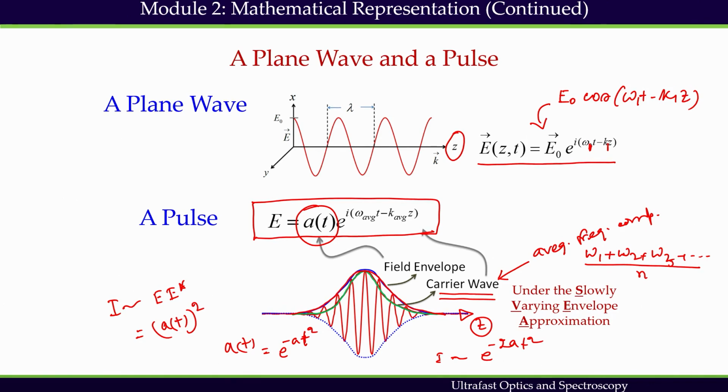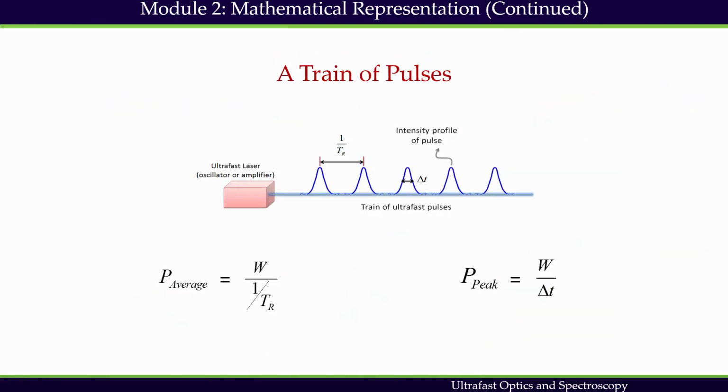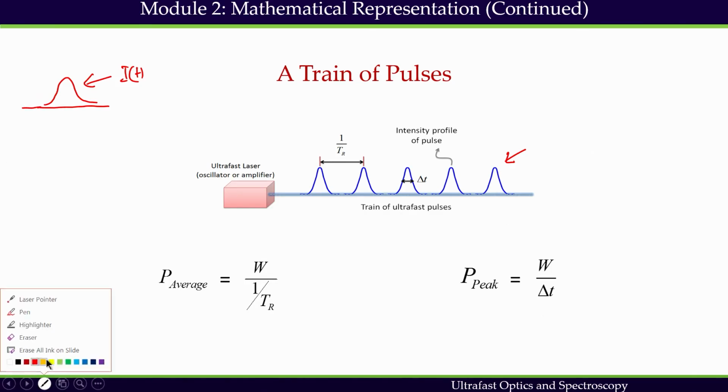Now this pulse is an isolated propagating pulse. In general, however, an ultrafast laser source generates a train of pulses. Here we are showing the intensity profile. Generally, when we represent a pulse, we just show it like this, and what we mean is that we are trying to show its intensity profile. If this is the intensity profile, we should remember that the actual electric field would be like the following. I'll present it in a different color.